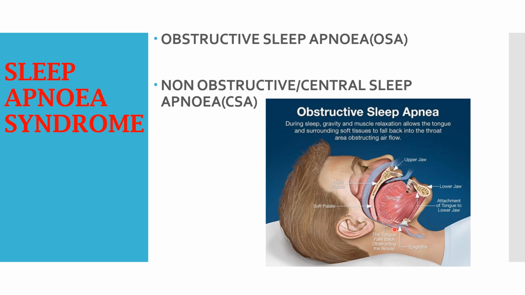The partial airflow obstruction causes snoring. The association of sleep apnea with extreme obesity is referred to as Pickwickian syndrome. And the other form is non-obstructive and central sleep apnea. It refers to complete stoppage of rhythmic activity from respiratory centers.